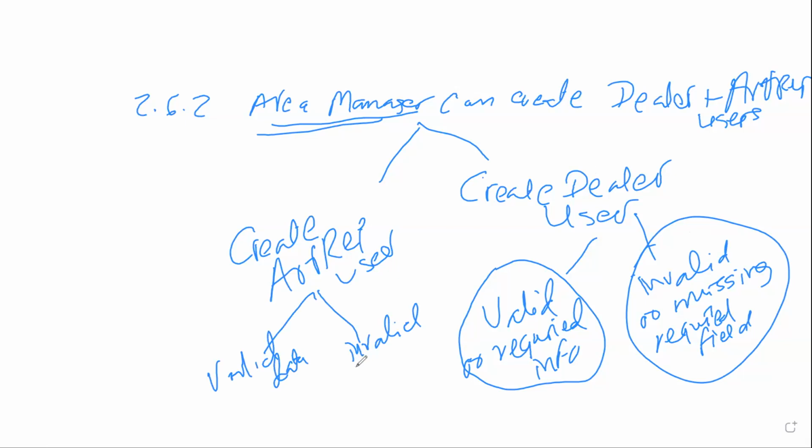Don't just go by the terminology, valid or invalid. I'm giving you an example here, but what makes it invalid, you need to understand that. When you say it's missing required fields, then you should not be able to create the user. You should expect to see some error message at that point.